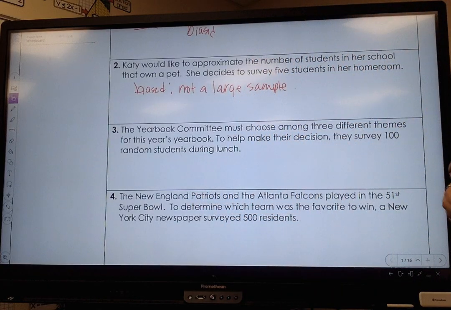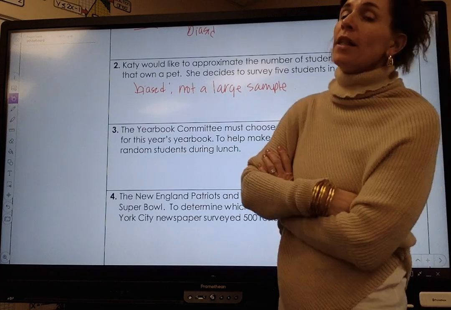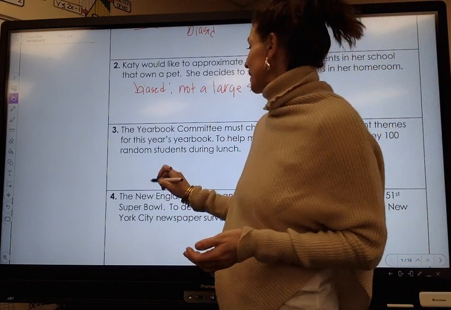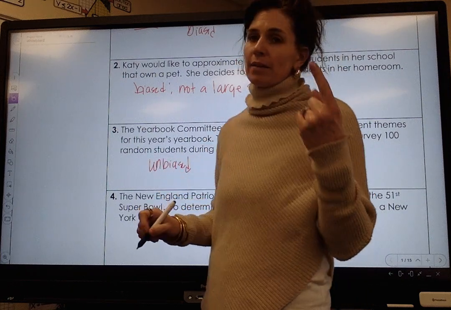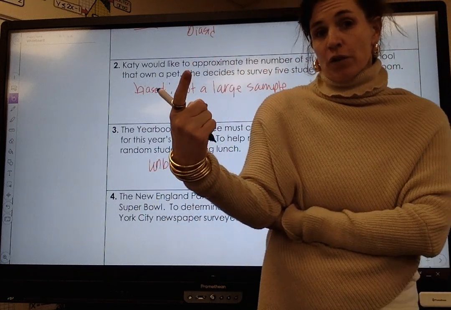Number 3, the yearbook committee must choose among 3 different themes for this year's yearbook. To help make their decision, they survey 100 random students during lunch. This would be an example of unbiased data. Why? If we look at the three things, is it representative of the larger population?